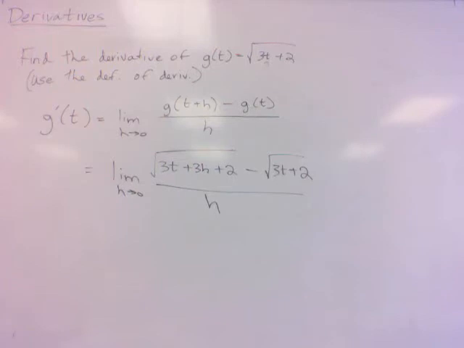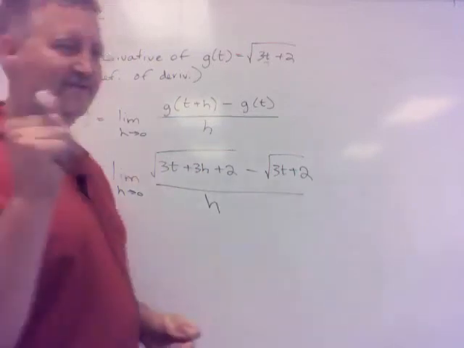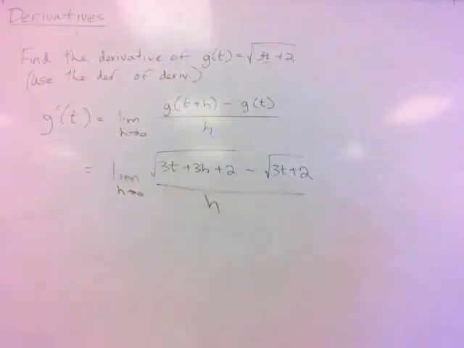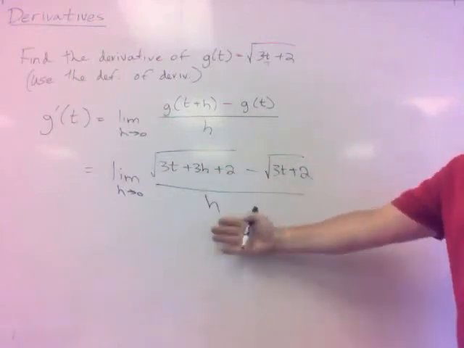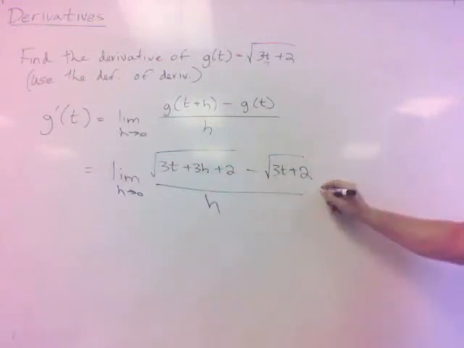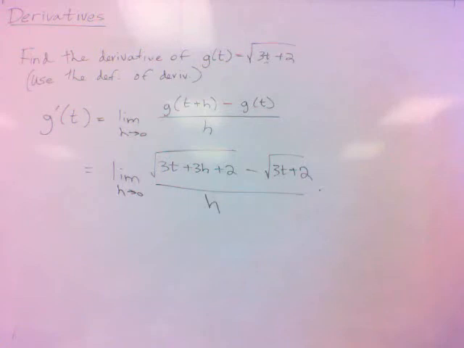All right. So here's a nice little limit with square roots in it. What do I do for limits with square roots in them? A lot of times I use the conjugate. I'm going to use the conjugate here, aren't I? I can't substitute h as 0 because the bottom goes to 0. I'm going to take the top and multiply it by its conjugate: square root of 3t plus 3h plus 2 plus the square root of 3t plus 2.